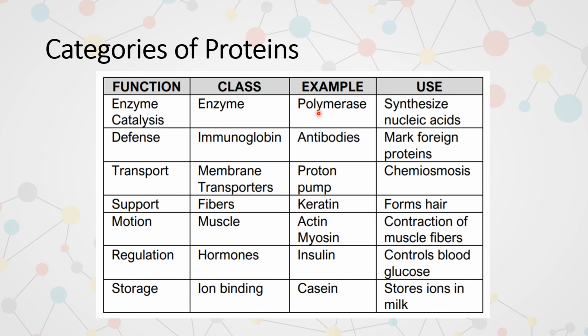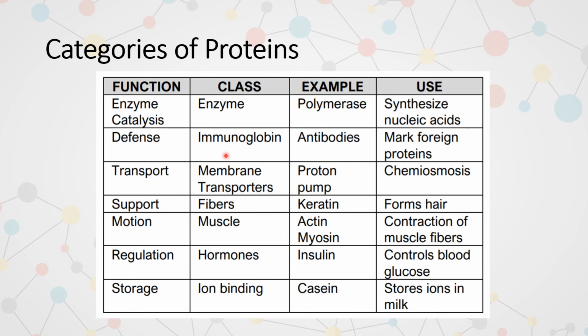Example ng enzyme is polymerase. Marami ring enzyme na makikita sa ating laway, sa digestive system. So sa laway natin, kaya ang food ay madaling i-digest because it is composed of different enzymes. Example and use of polymerase is to synthesize nucleic acids.